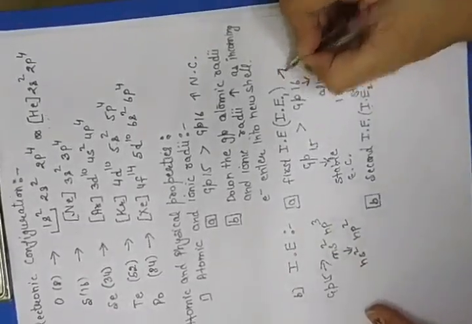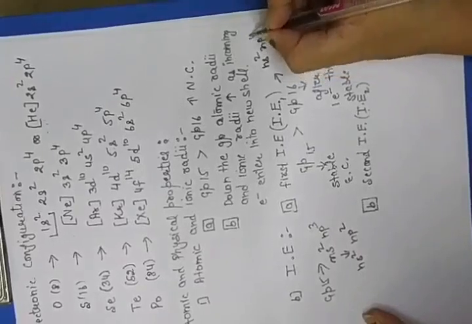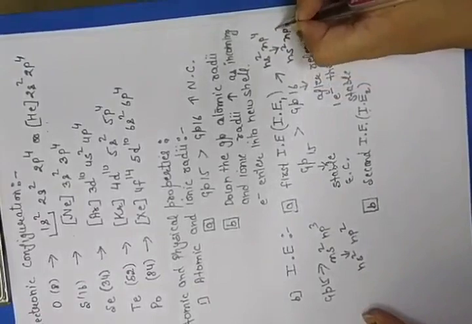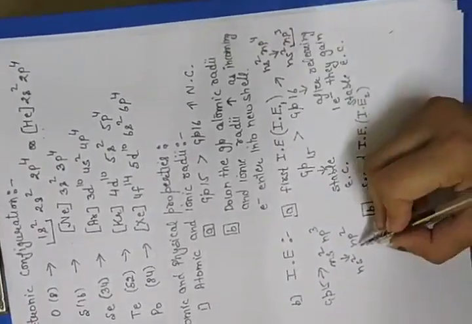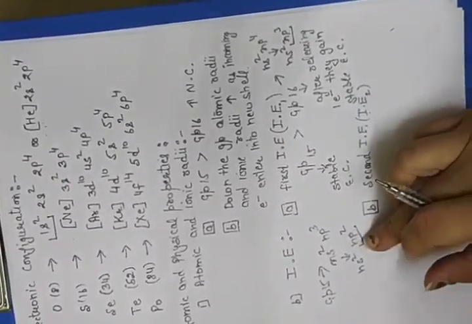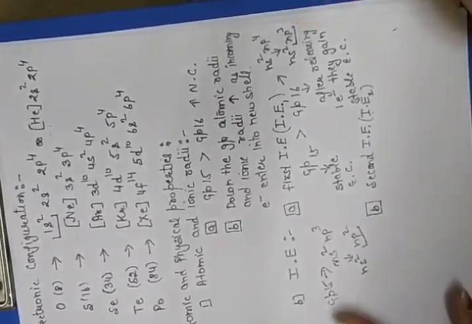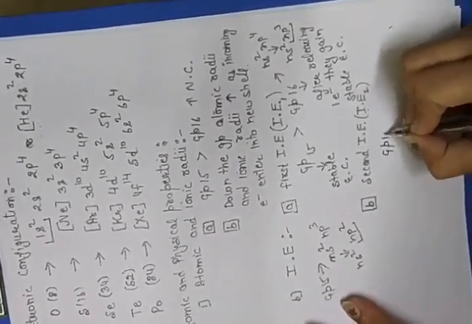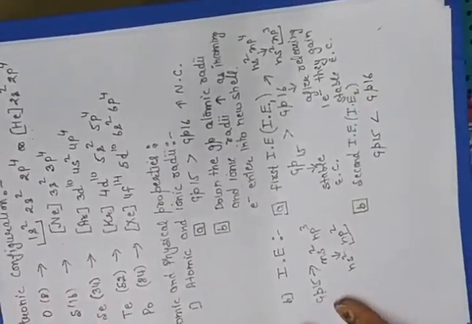Similarly, for group number 16, its electronic configuration is ns2 np4. But after releasing one electron, it becomes ns2 np3. See, it is the half-filled electronic configuration, and the other is neither half-filled nor fully filled, hence it is not as stable as group number 16 after releasing one electron. So if we discuss the second ionization enthalpy, then it is more in case of group number 16 than group number 15.